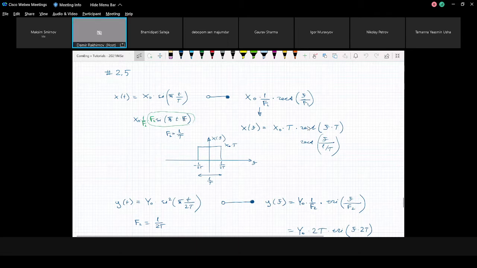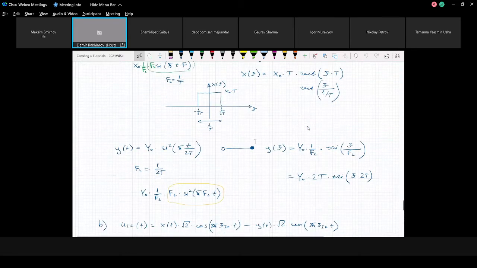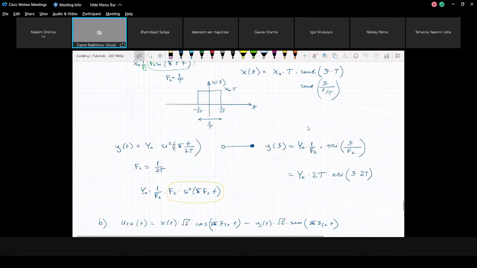we can represent this signal in the form that we have in our table of Fourier transforms, and then we see that in the frequency domain, for the first signal we have a rectangular pulse with amplitude x0 times T, or we can write it as x0 times rect. And for the second signal, we have a sinc-square function.